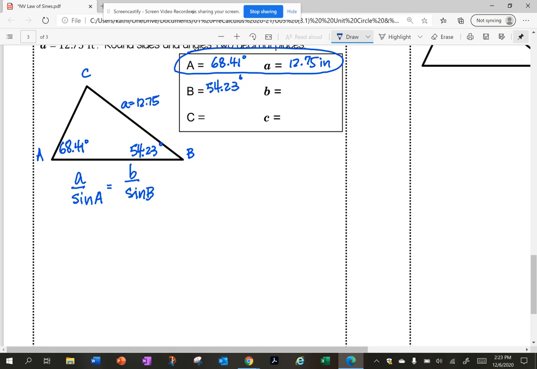Okay, so substituting in, my side A is 12.75. The sine of angle A is sine of 68.41 degrees, equals side B over the sine of 54.23 degrees.